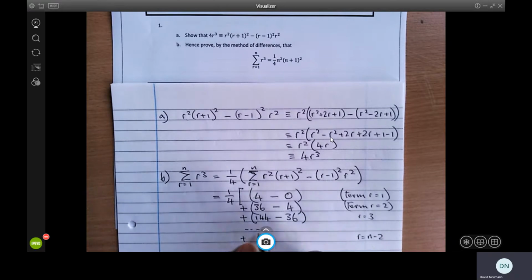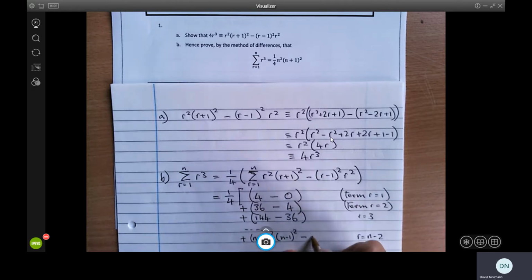So if we put r equals n minus 2 in there, we're going to get n minus 2 squared times n minus 2 plus 1, which is n minus 1 squared, minus, put n minus 2 in here, we're going to get n minus 3 squared times n minus 2 squared.